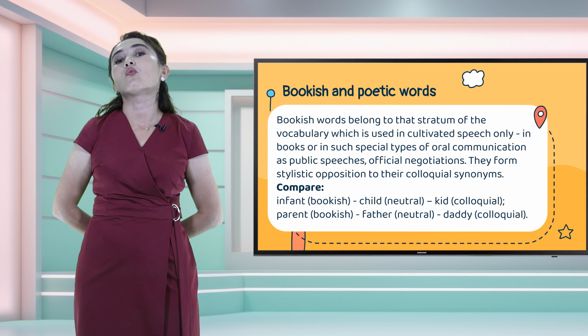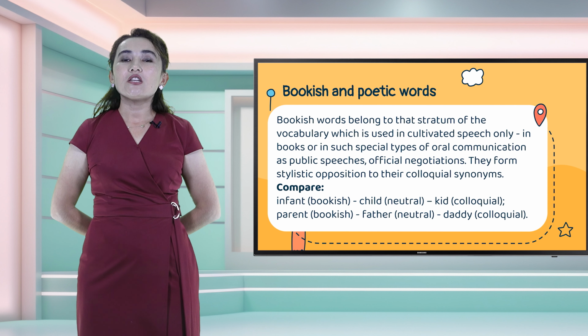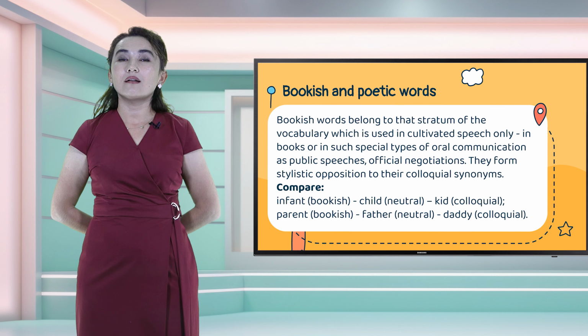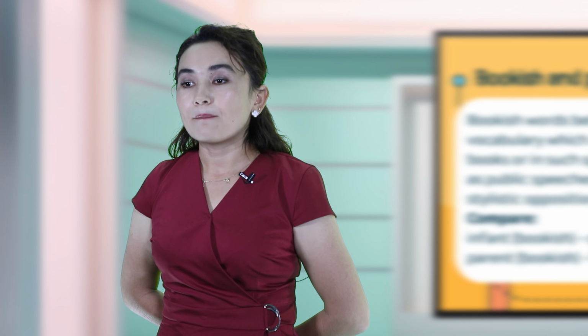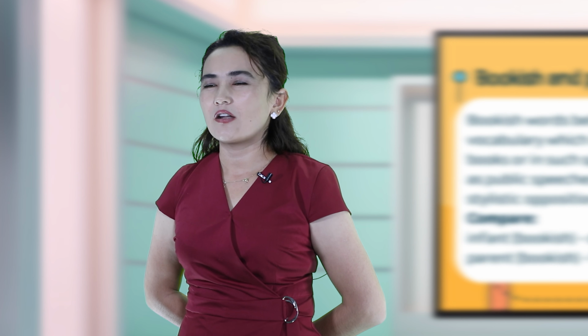So, poetic words. Poetic words denote a set of words traditionally used in poetry. Examples of words that are used mainly in poetry are behold, deem, think, was, ought, foe, and so on.